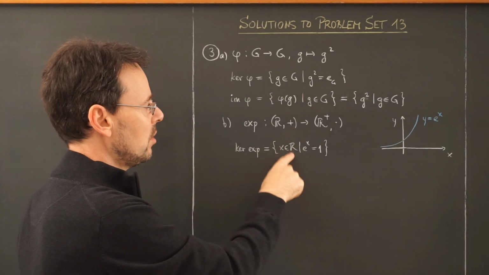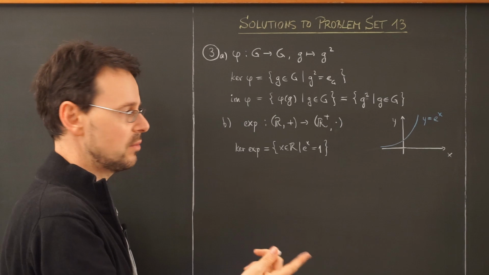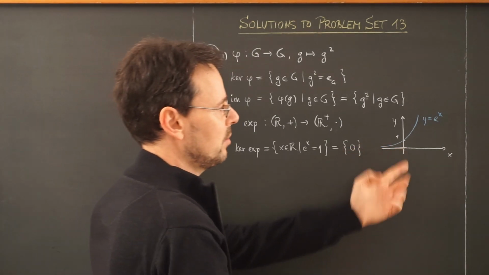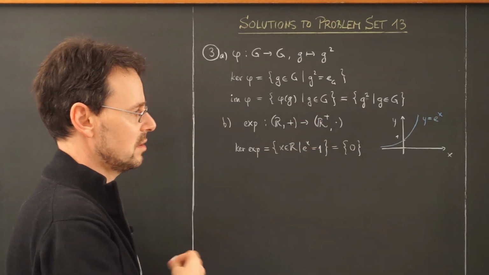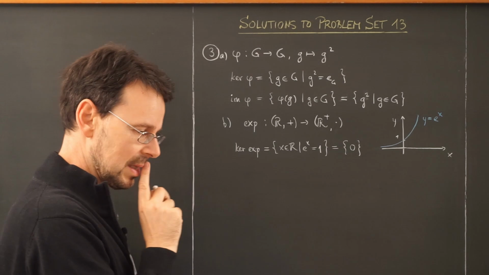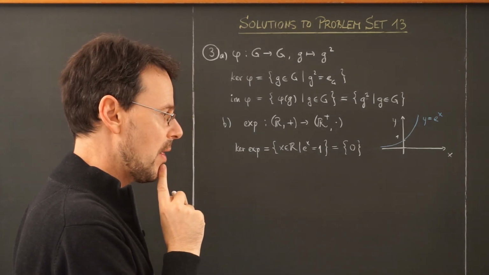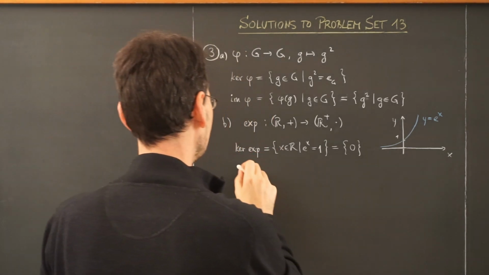By definition, all real numbers that get mapped to the neutral element here, which is the real number 1. And this clearly is the only real number that satisfies this, because the exponential function is strictly increasing. A strictly increasing function, I think, is the correct terminology.